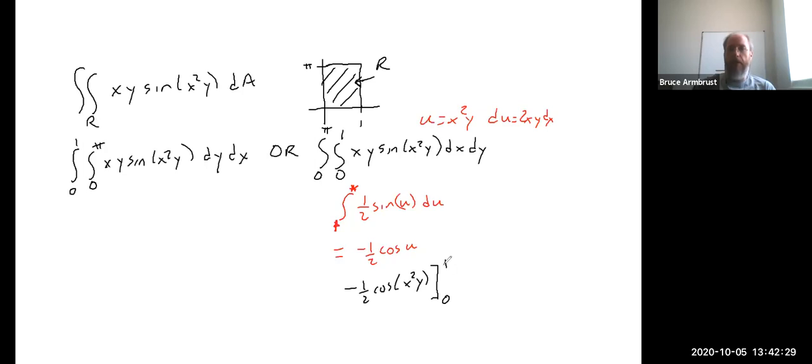And those are getting put in for our x's, right? Those were x values. So what we're going to end up with then is an integral from 0 to pi of minus 1/2 cosine of y, right? 1 squared y, minus a negative 1/2, so plus 1/2 cosine of 0, which is 1.